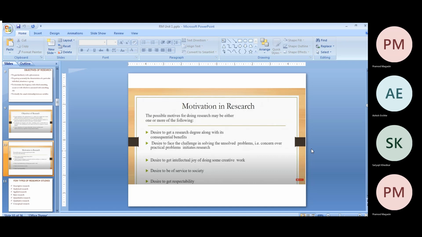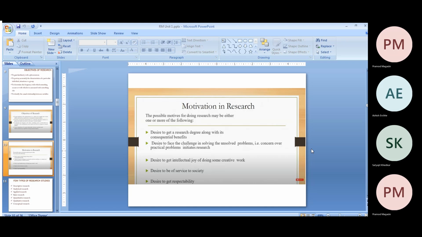And next is, of course, whatever things we are doing, that is for society. Whether it is applicable for society or not, that is important. So we need to consider that service also. And then the desire to get respectability.